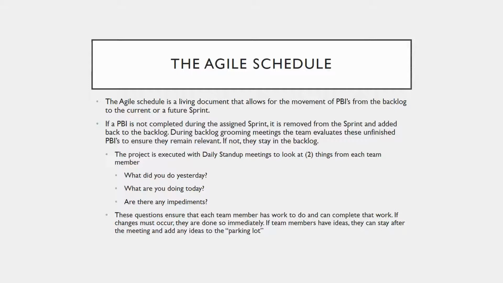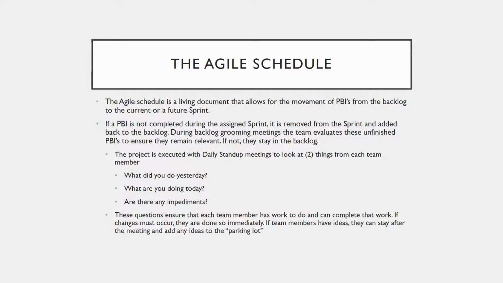Everybody takes a look, the team sits down, they say what went well, what went wrong, okay, what got accomplished, what didn't get accomplished. Those tasks get added back to the backlog, and then at the beginning of the next sprint everybody sits down for the sprint planning meeting and they look at the backlog and say, okay, well, this got put back into the backlog from the previous sprint.